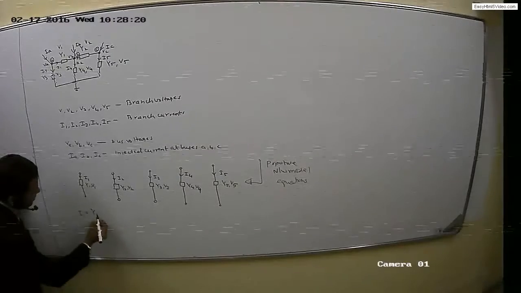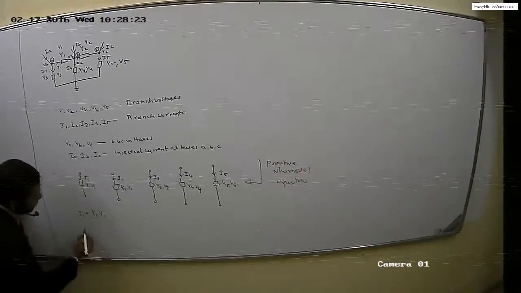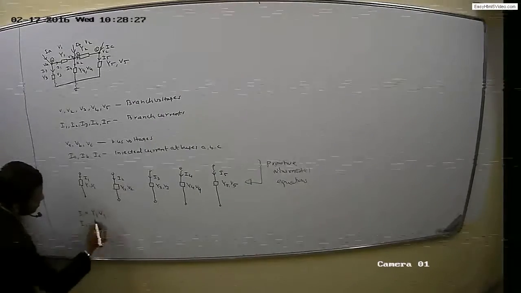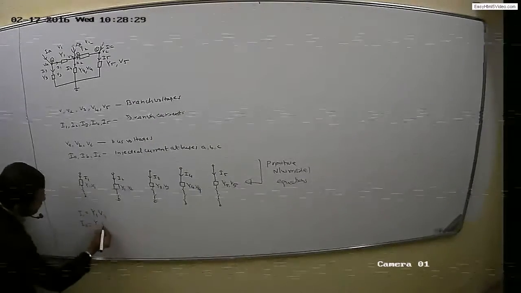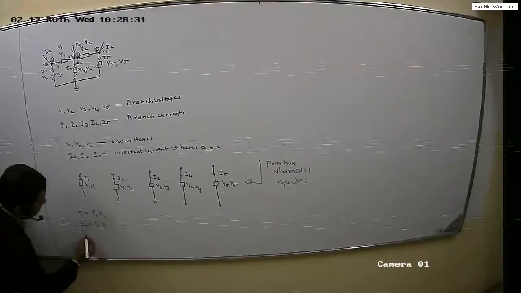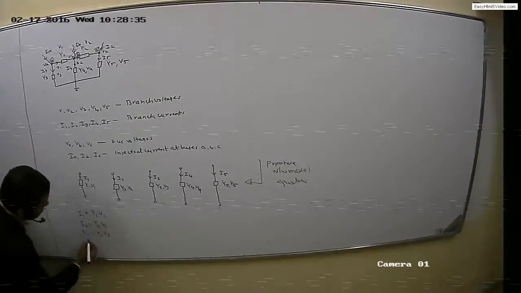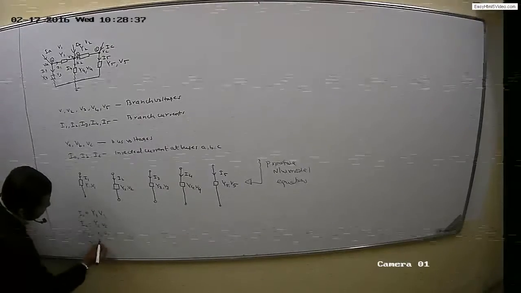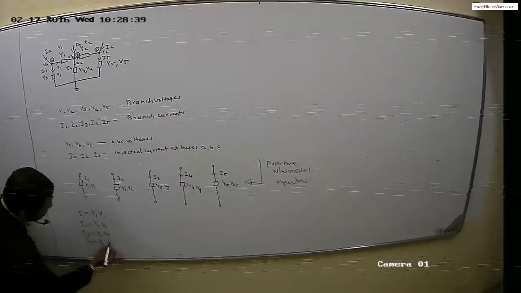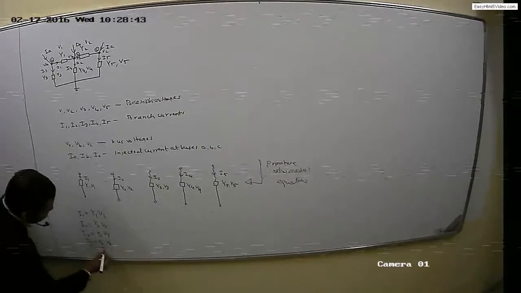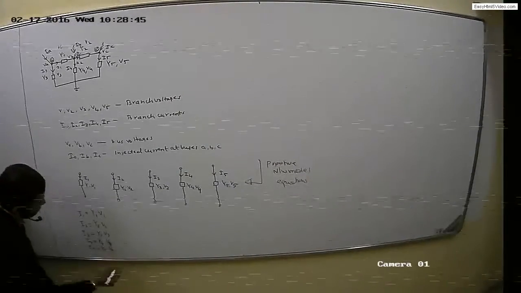Yes, by using this relationship. I1 is equal to Y1 into V1. I2 is equal to admittance Y2 into V2. Current I3 is equal to Y3 into V3. Current I4 is equal to Y4 into V4, and current I5 is equal to Y5 into V5.